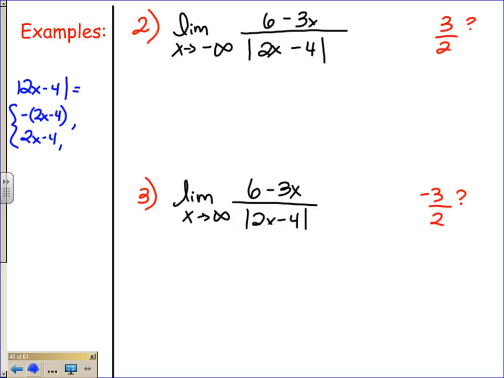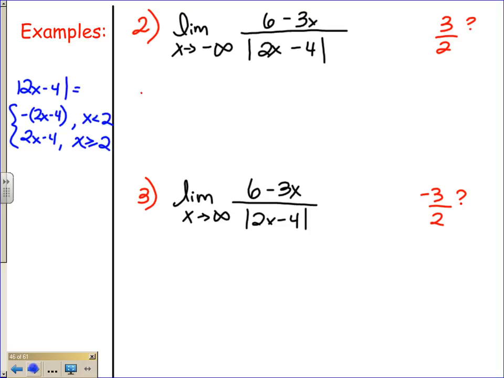Wait, which one's which? If I plug in 3, which is greater than, is that going to be a positive or a negative expression? Okay, so greater than and then less than. Which one am I approaching for the first one? I'm approaching negative infinity, so it's going to eventually, if not right away, fit into this first one.